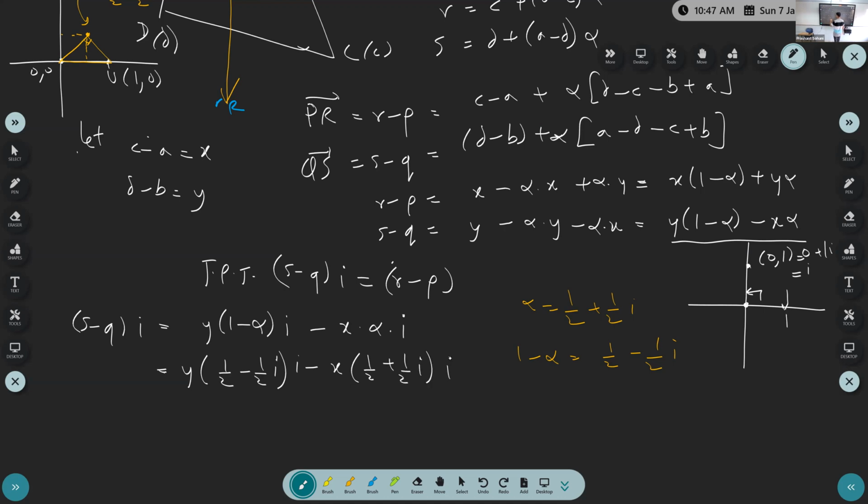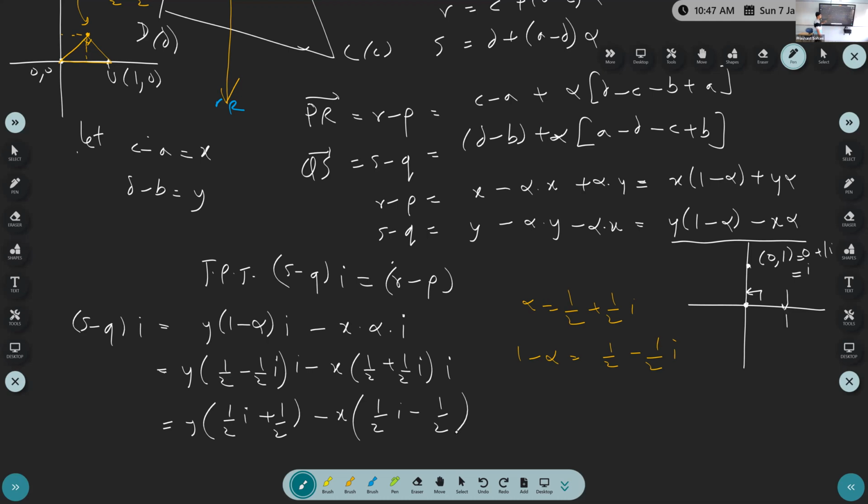If I multiply i inside the bracket, this will become half i, and minus i times i will become i squared, which will cancel with the minus sign. So you'll get simply half i plus half, minus x times, here again, half i squared minus.